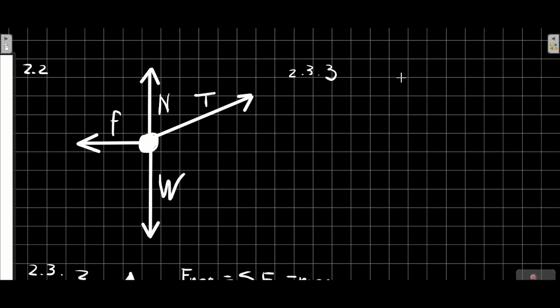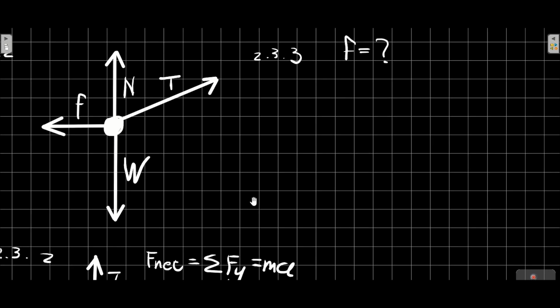2.3.3, we are looking for F. And we know the block is 8 kilograms. We now know what tension is. So remember that when you have an angled vector like this, you can split it into two components.